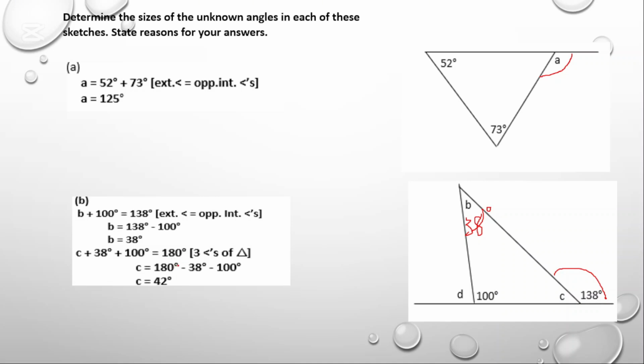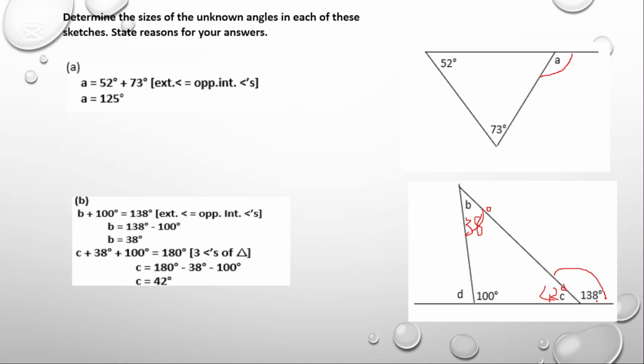But this time, the reason is 3 angles of triangle. So C is equal to 180 minus 38 minus 100, and C is equal to 42 degrees. Even if you take 42 plus 138, that's equal to 180.